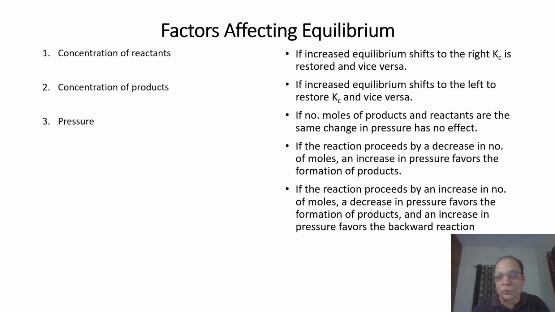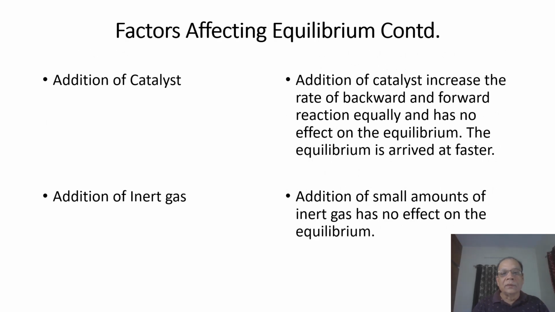If the reaction proceeds by an increase in number of moles, a decrease in pressure favors the formation of products, and an increase in pressure favors the backward reaction. Addition of catalyst.